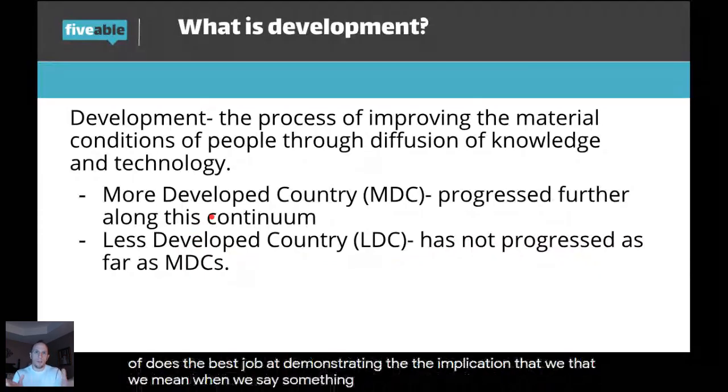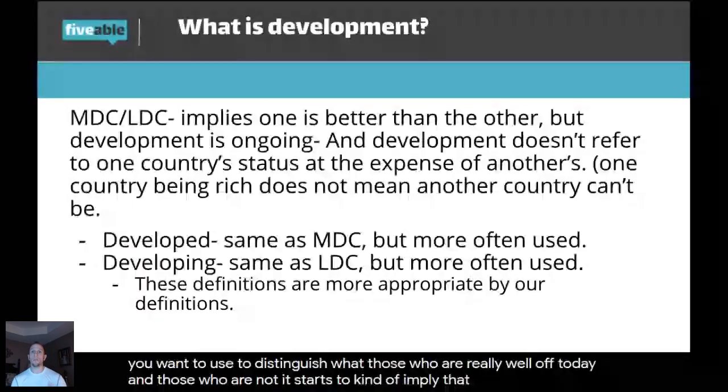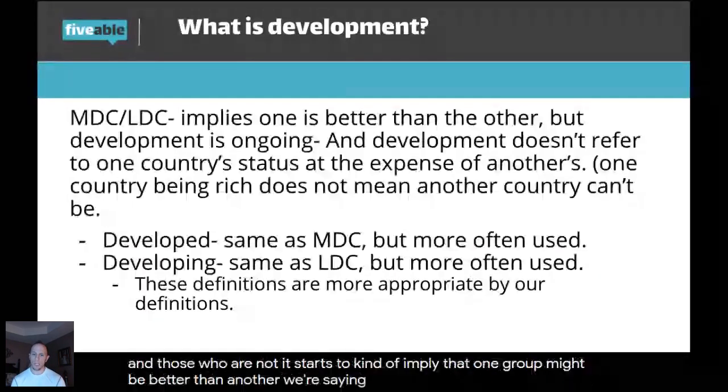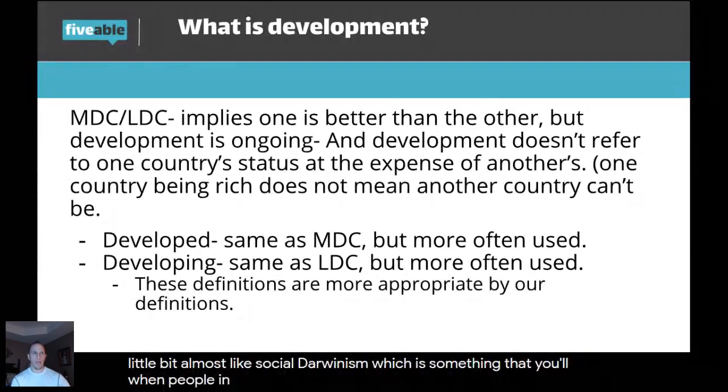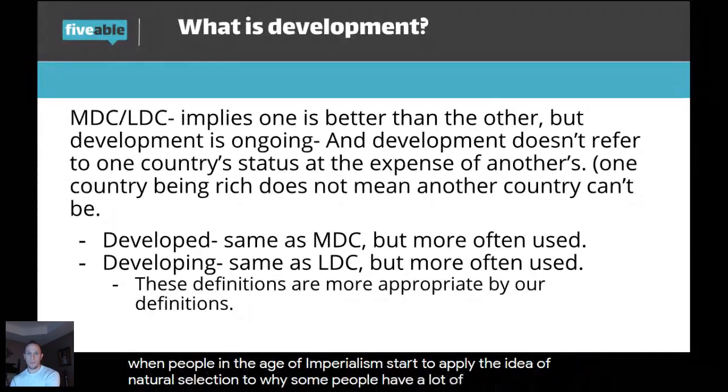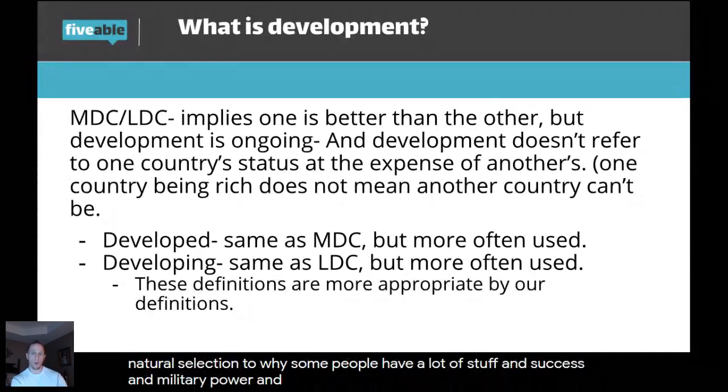But when you use words like more or less, or whatever it is you want to use to distinguish those who are really well off today and those who are not, it starts to imply that one group might be better than another, which sounds a little bit ethnocentric. It sounds almost like social Darwinism, which is something that, when people in the age of imperialism started to apply the idea of natural selection to why some people have a lot of stuff and success and military power and why others don't, then it starts to get not cool and even racist in some cases.